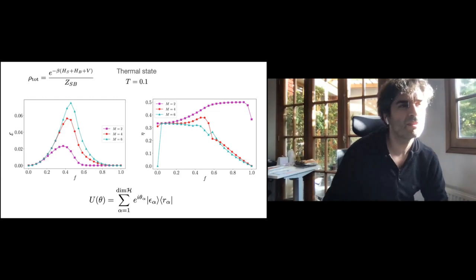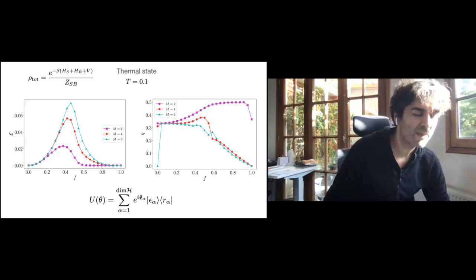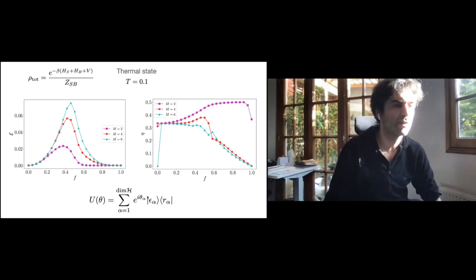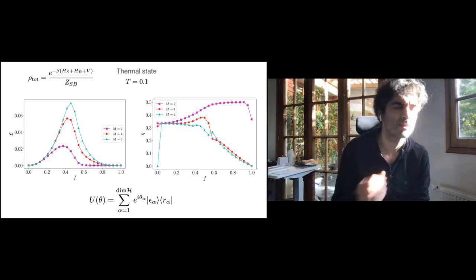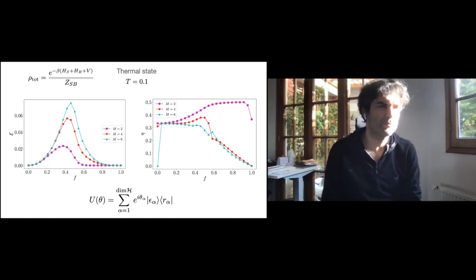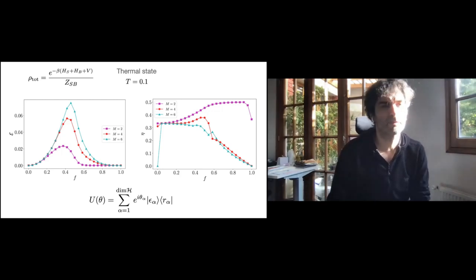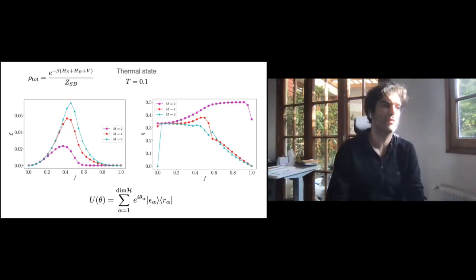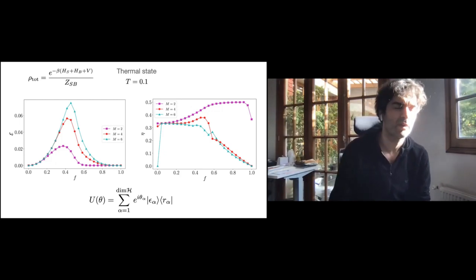Now, for these larger batteries, you see that the efficiency changes a little bit abruptly, and this is because it is a difficult numerical problem to find the phases that optimize this quantity. So that's why we see these abrupt changes in the efficiency as a function of the magnetic field F.